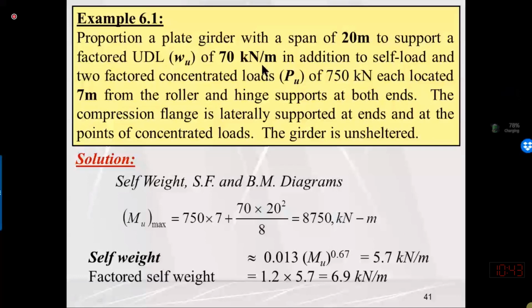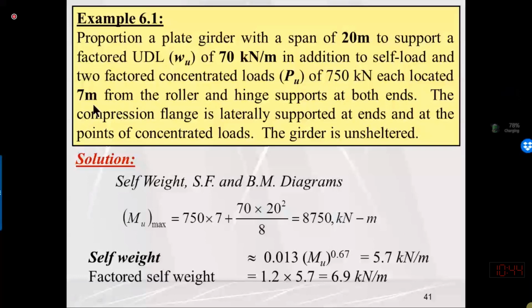And two factored concentrated loads PU, magnitude is 750 kilonewton, and each load is located at a distance of 7 meters from the roller and hinge support from either end.